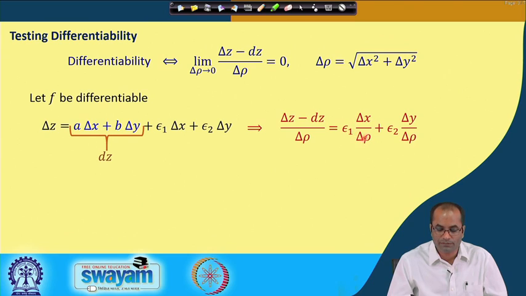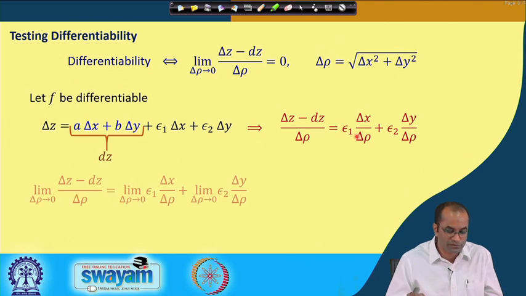So, this term is certainly bigger than delta x, since here we have delta y square as well under the square root. So, the absolute value of delta x over delta rho is bounded by 1, and similarly the absolute value of delta y over delta rho is also bounded by 1. And then when we take the limit as delta rho goes to 0, this side will go to 0 because epsilon 1 will go to 0 and epsilon 2 will go to 0.